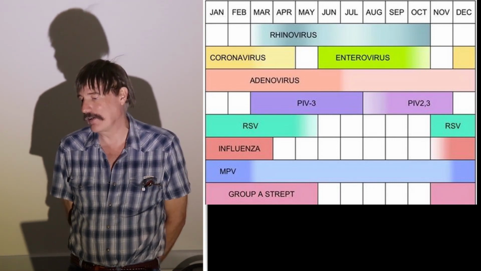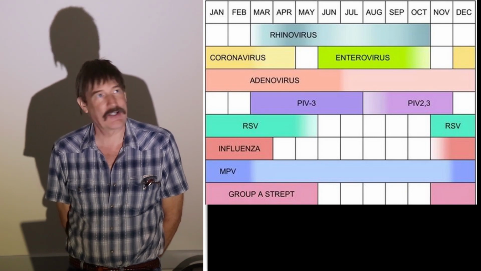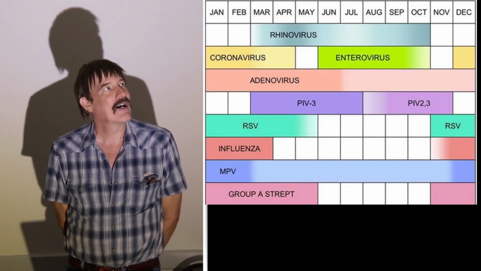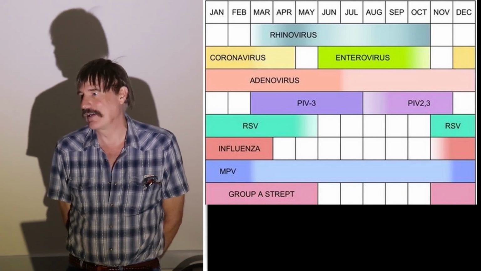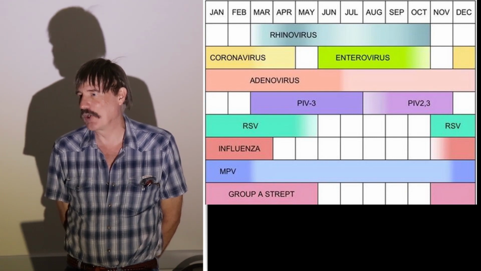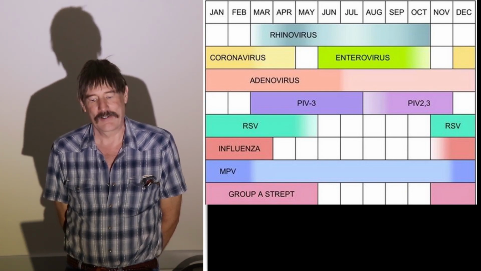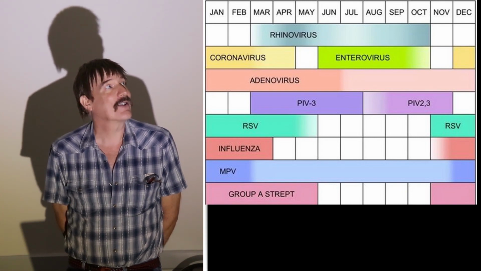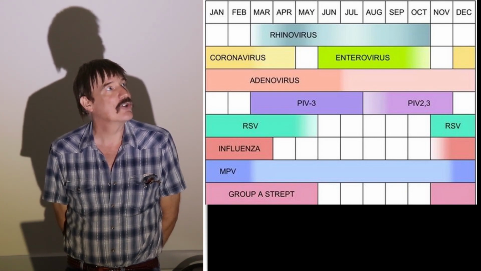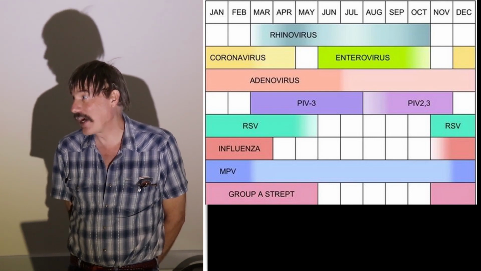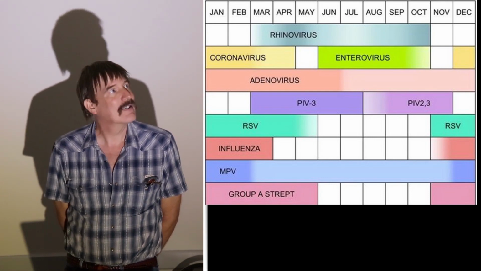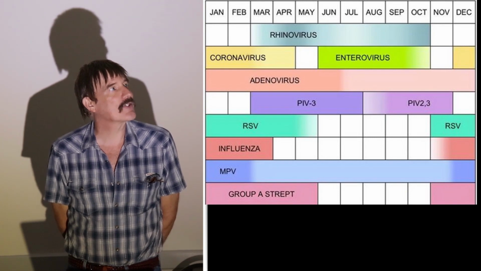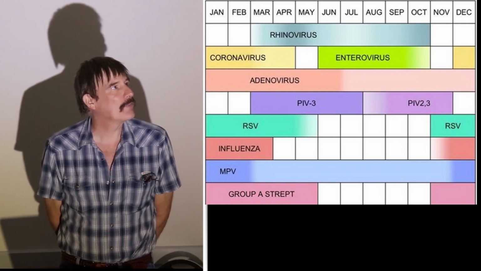Coronavirus is an enveloped virus, and it tends to be a seasonal virus because enveloped viruses are easily disrupted. That lipid envelope that they take from the mother cell when they bud out is easily disrupted. So coronaviruses do not like sunshine, they don't like warm temperatures, so they don't tend to be a problem in the summertime.